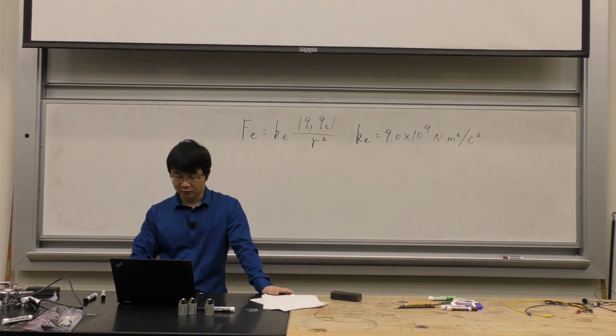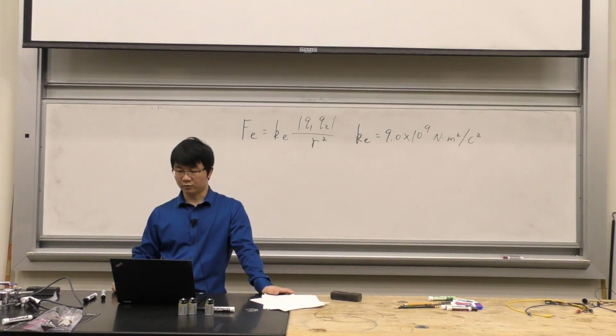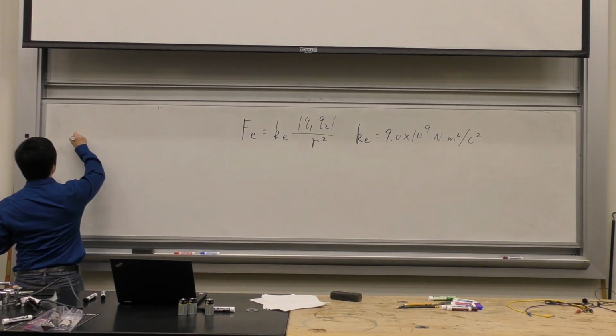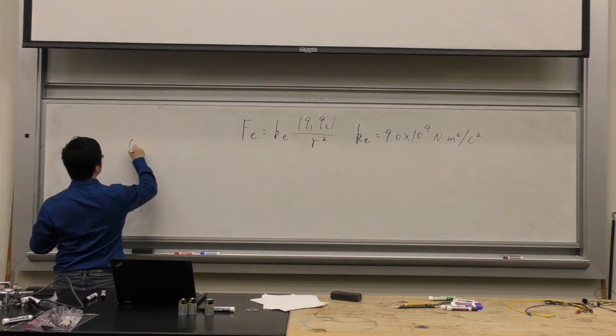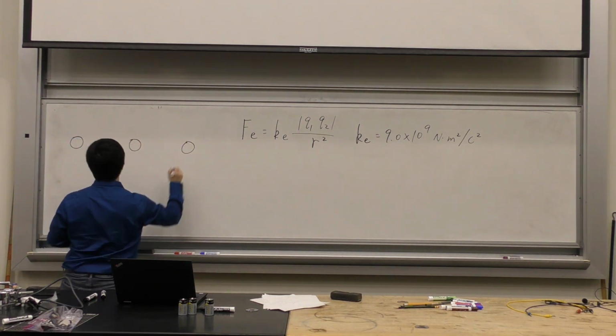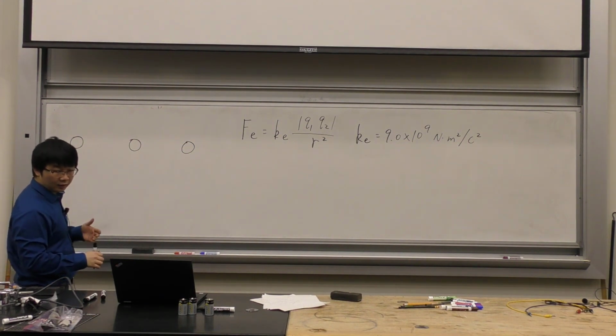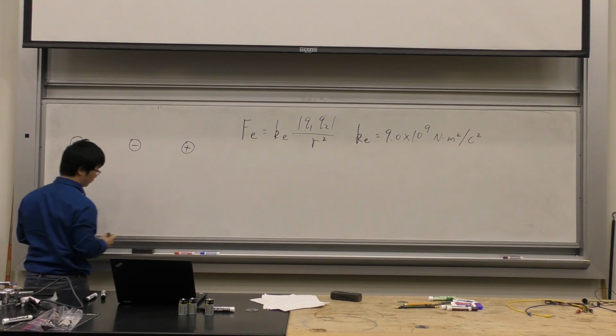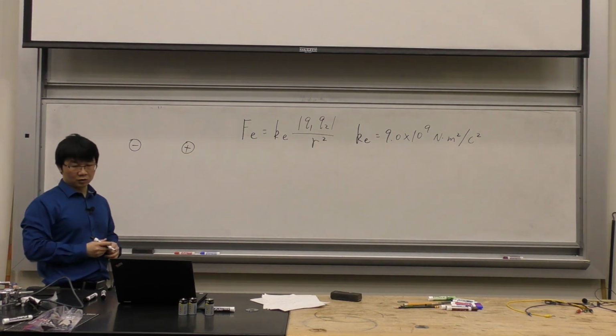So let's take a look at this question, still the first PowerPoint, slide 11. Now there are three charges, which we call A, B, and C. A is positive, B negative, C positive.